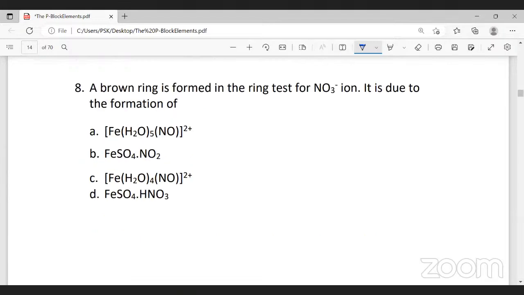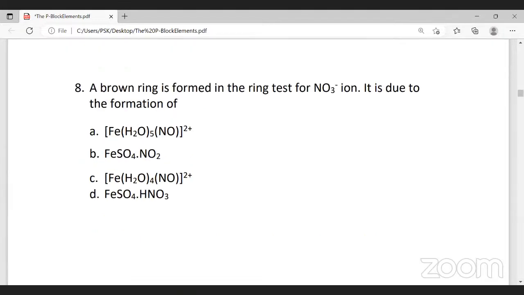The next question, the 8th one. A brown ring is formed in the ring test for nitrate ion. The brown ring test is the confirmatory test for nitrate ion. The nitrate ion solution is mixed with freshly prepared ferrous sulfate solution. Along the sides of the test tube, we add concentrated sulfuric acid. At the junction of the two liquids, we get a brown ring.